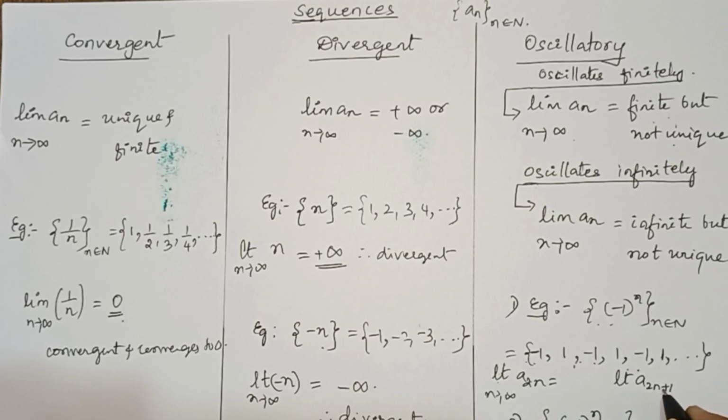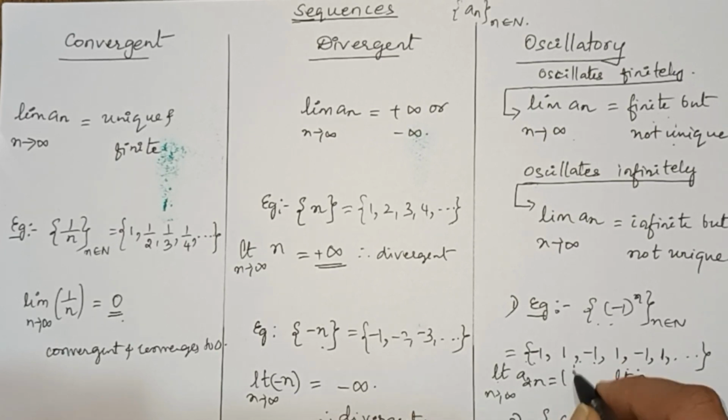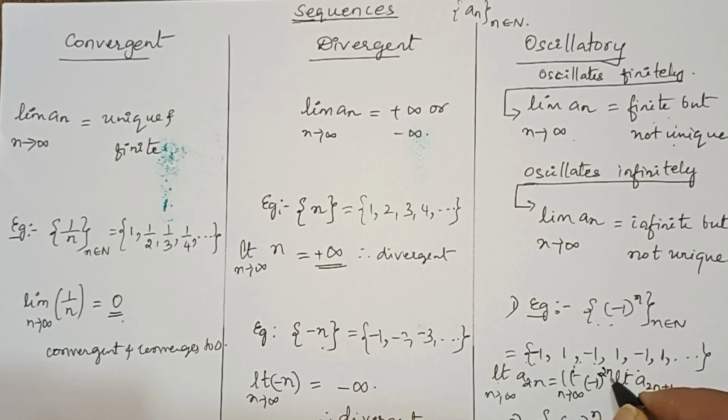In both cases, if you get the same value, then the sequence is convergent. Let us check for this. a_2n is the limit as n tends to infinity of (-1)^(2n). So (-1)^(2n) is always positive. So this gives you the value 1.